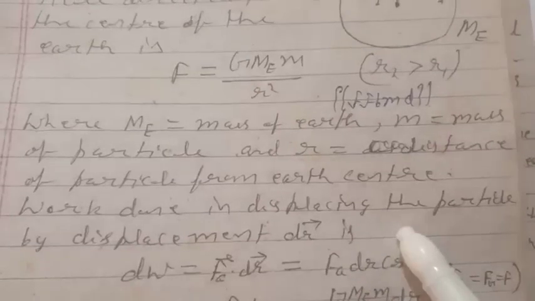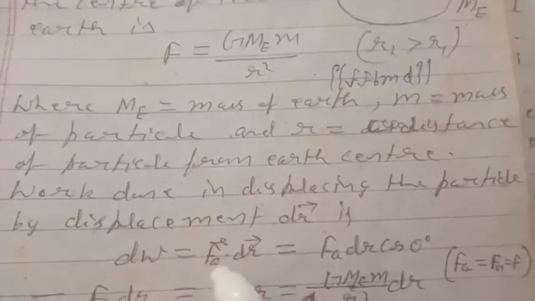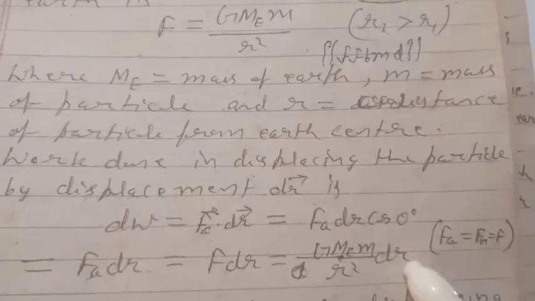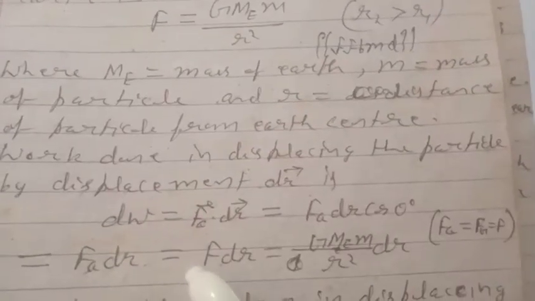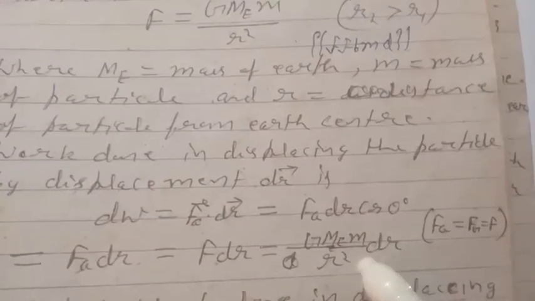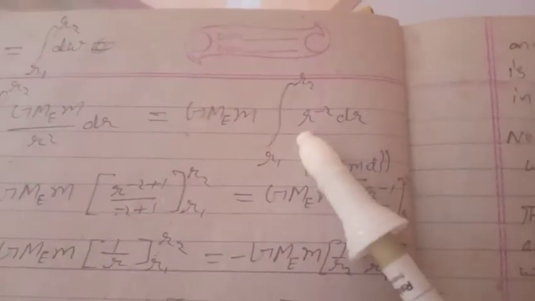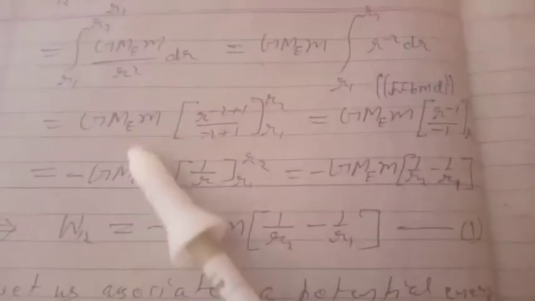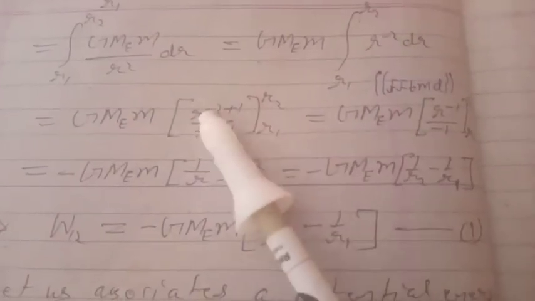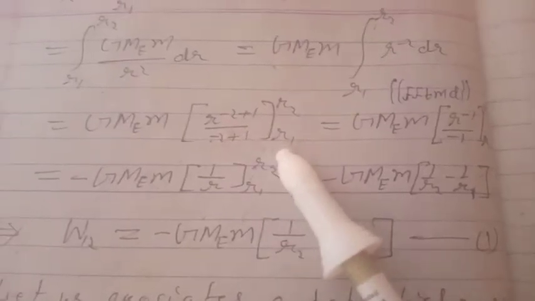Work done in displacing the particle by displacement dr is dW equals F vector dot dr vector, equals F dr cos 0, equals F dr, equals G Me m by r square into dr. So the total work done in displacing the particle from r equals r1 to r equals r2 is W12 equals the integral from r1 to r2 of dW, equals the integral from r1 to r2 of G Me m by r square dr, equals G Me m times the integral of r to the power minus 2 dr, equals G Me m times [r to the power minus 2 plus 1 over minus 2 plus 1] from r1 to r2.